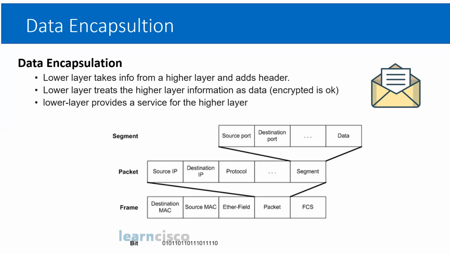So this is a way to add security through encapsulation. The data within can be encrypted. All they need at the packet level, segment level, and frame level is where this is coming from and where it's going. So that's encapsulation. It's a way to add security by keeping each protocol at its respective layer only focused on the addressing.